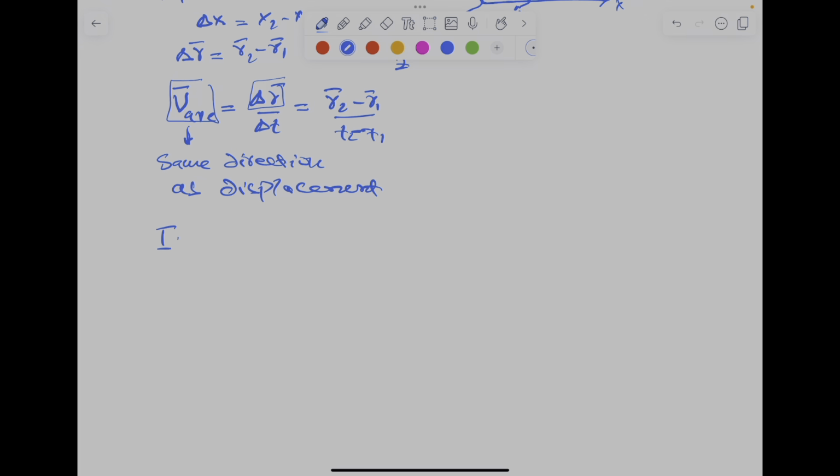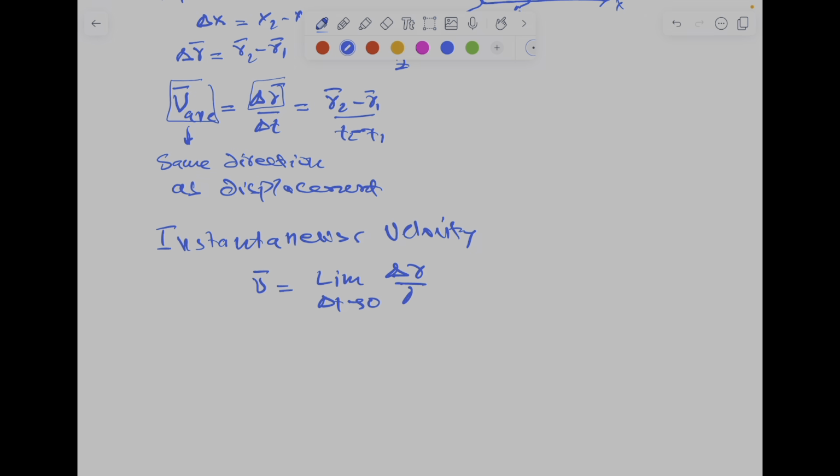So this v is the limit as del t goes to 0 of del r divided by del t, which is nothing but dr by dt. So dr by dt is your instantaneous velocity, which is just the first derivative of the position vector.